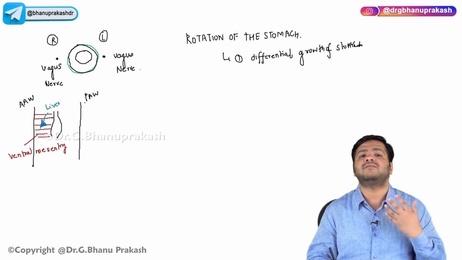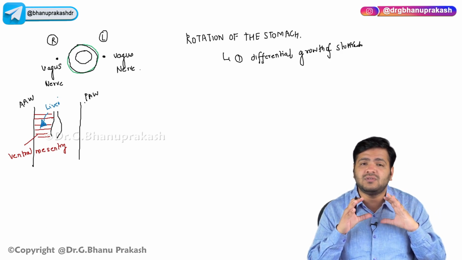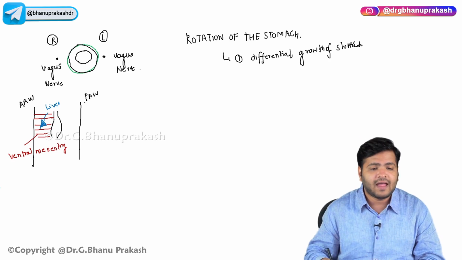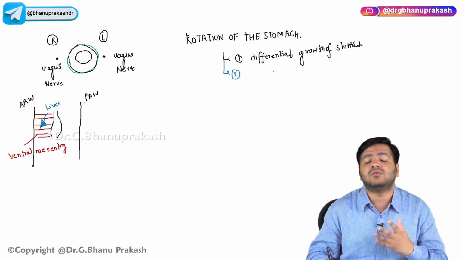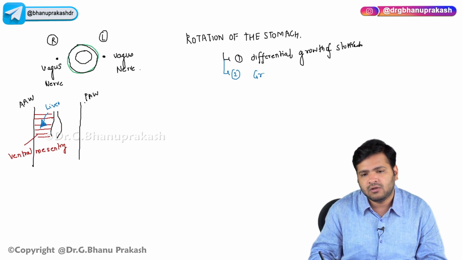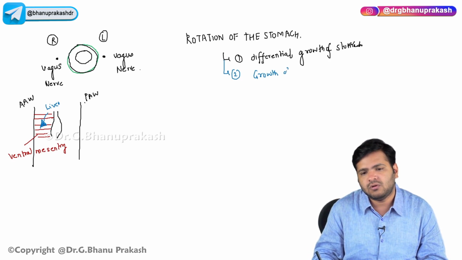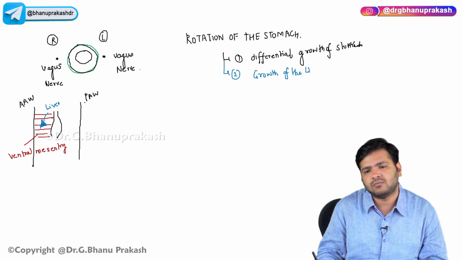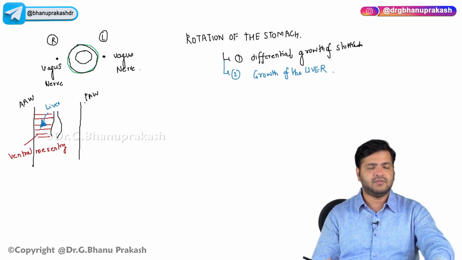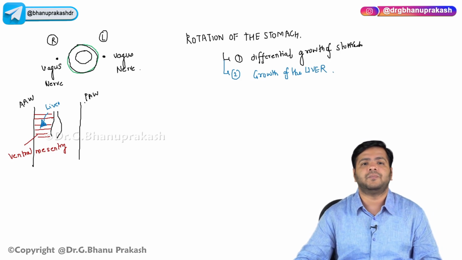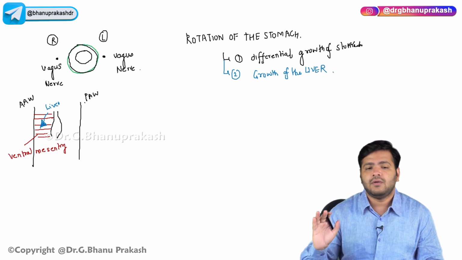So rotation of the stomach is due to the differential growth of the stomach, and the other reason is the growth of the liver, right? So now what will happen?